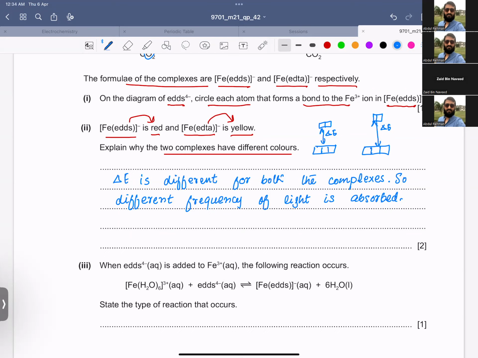Is this understandable? They have a different energy difference between the d orbitals when a different ligand is bonded. So each complex absorbs a different frequency or a different wavelength of light. Hence, they show different colors.